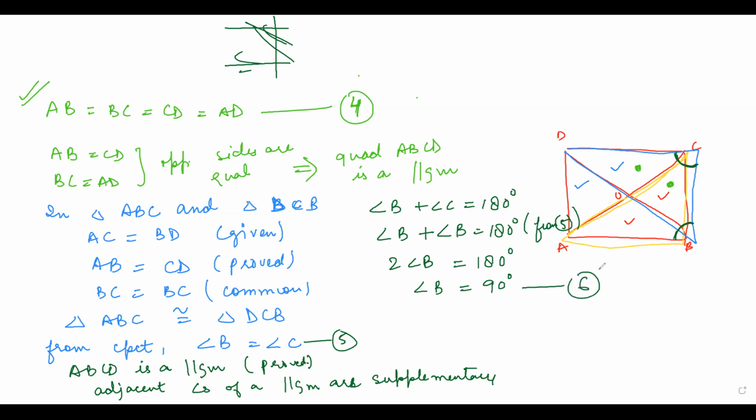Now you combine all the 3 results. First of all, it's a parallelogram. Then your result number 4, that all the sides are equal. And your result number 6, that one of the corner angles is 90 degree, right?